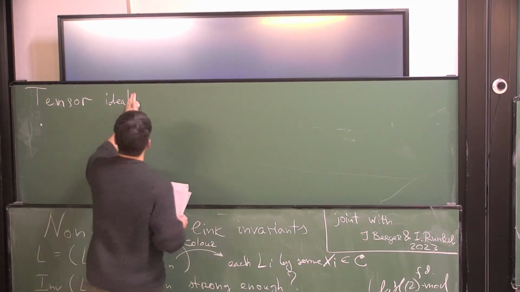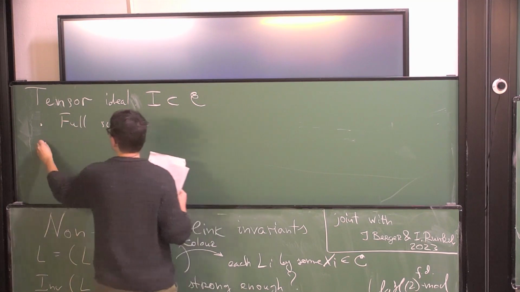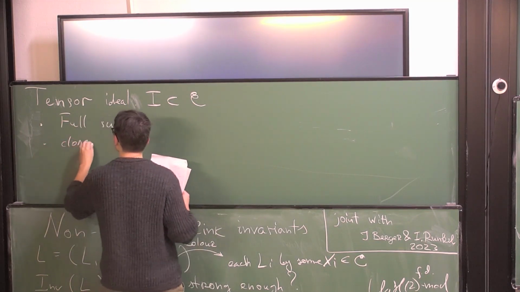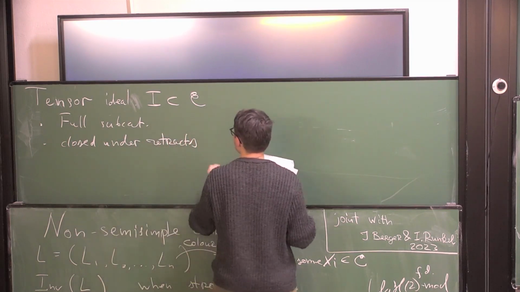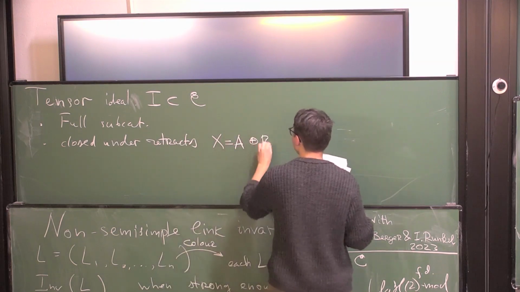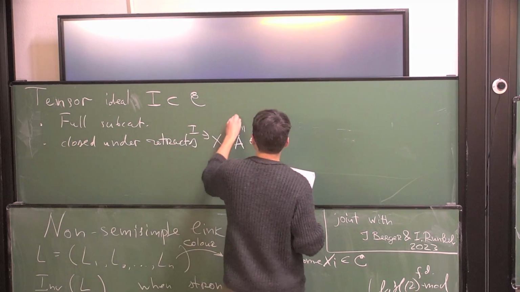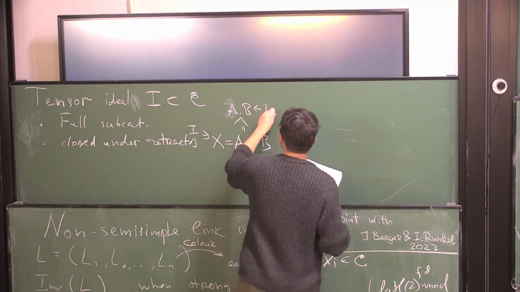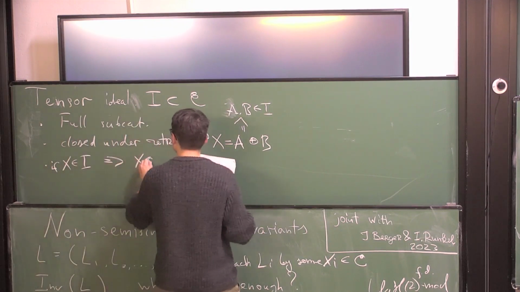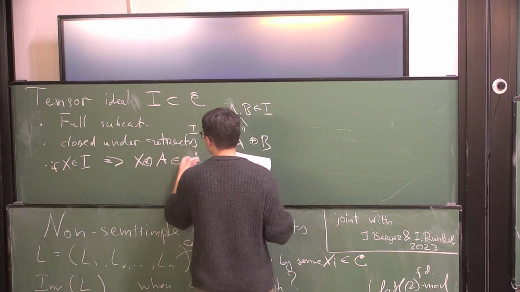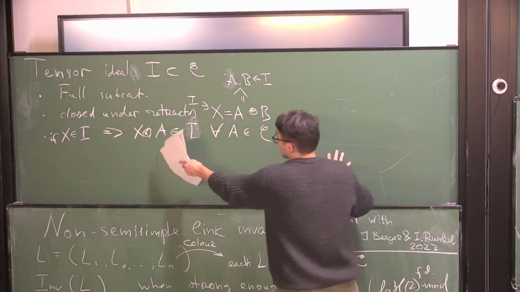Okay, so what is a tensor ideal? A tensor ideal I in C is a full subcategory closed under retracts. In particular, if X is in the ideal and X is of the form A plus B, then A and B are both in the ideal I. And it is closed under tensor products: if X is in I, then X tensor A is also in I for any A in C. So this is what we call a right tensor ideal.